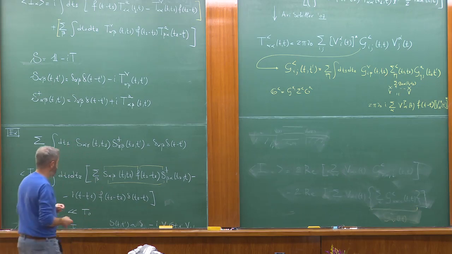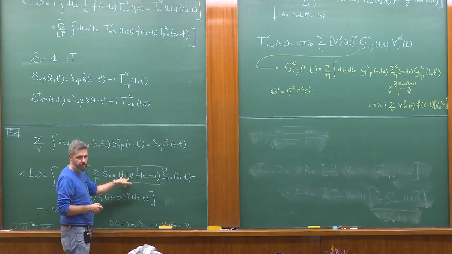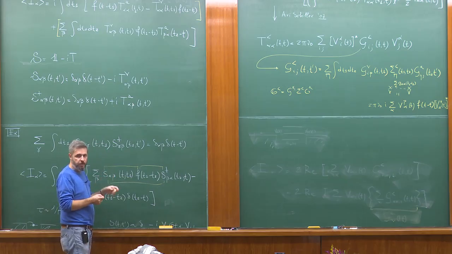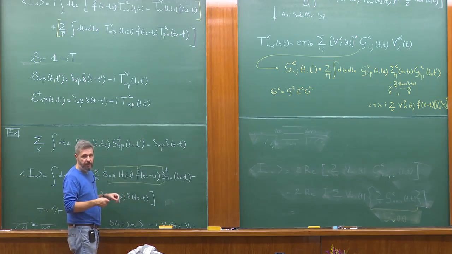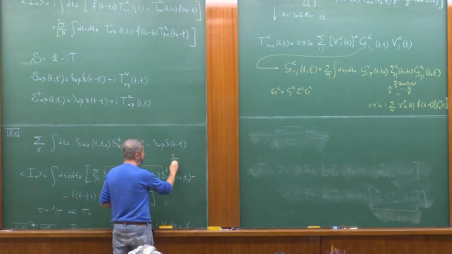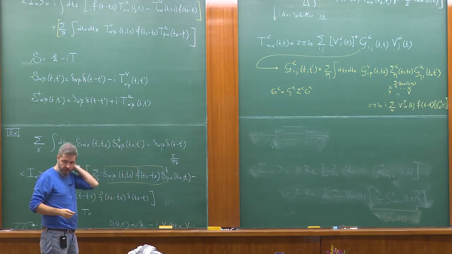In all these functions, the fast time scale is the difference, and the slow time scale is essentially the average. So if I do an expansion in gradients of this expression, it's going to be an expansion in the small parameter tau over T naught. Okay? So that's why I want to do this expansion.